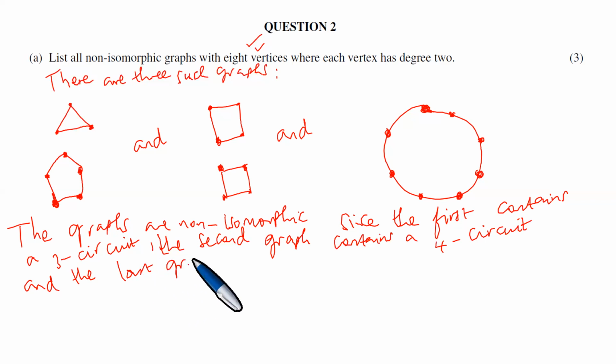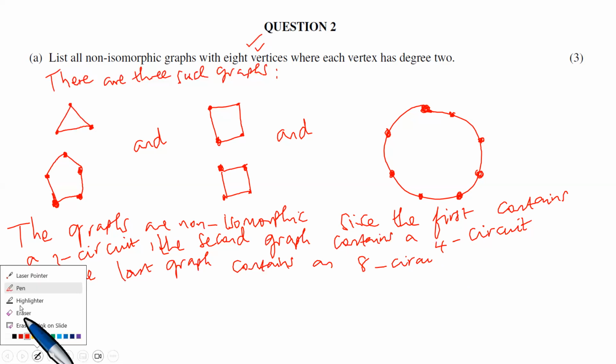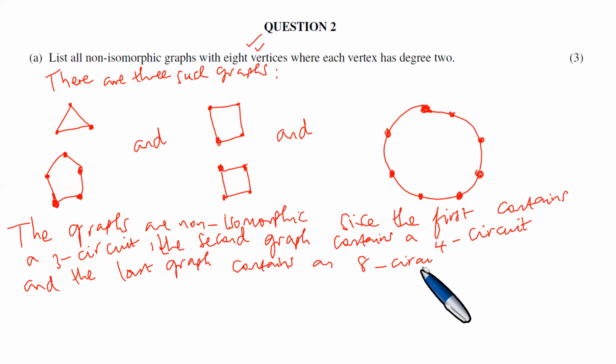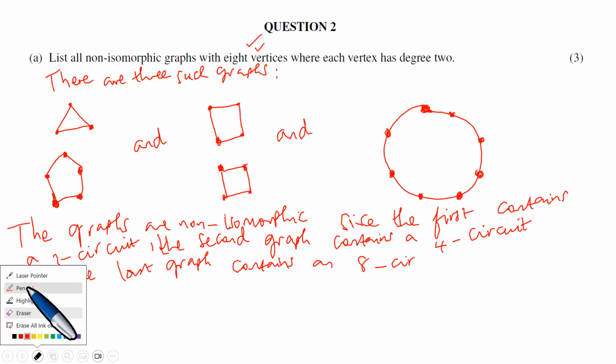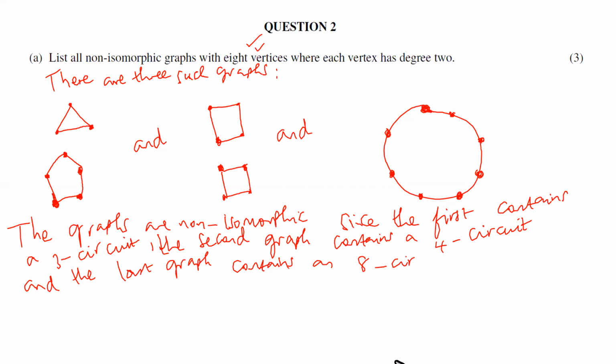And the last graph contains an 8-cycle. The truth is, if you look at the fact that the last graph contains an 8-cycle, the other two graphs do not have an 8-cycle. So as a consequence, it's very clear that these 3 graphs are non-isomorphic graphs, because of the differences in the cycles in each of these.